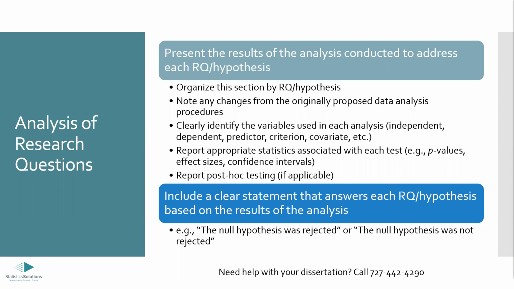And for each analysis, you want to clearly identify the variables that you are using in each analysis, in addition to stating what analysis you are doing in each case.